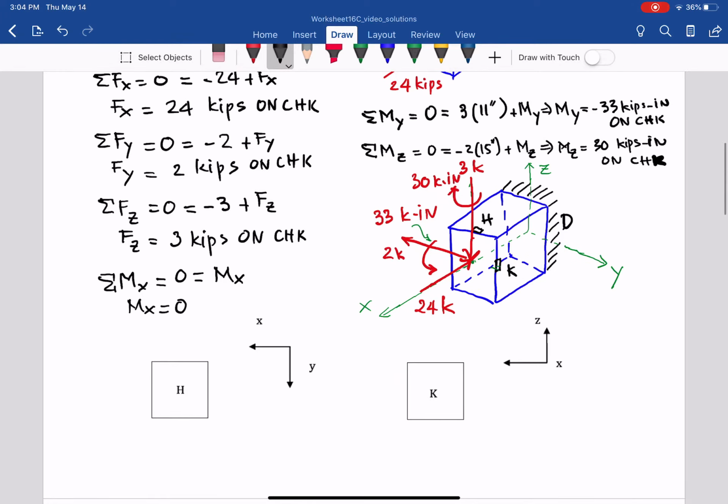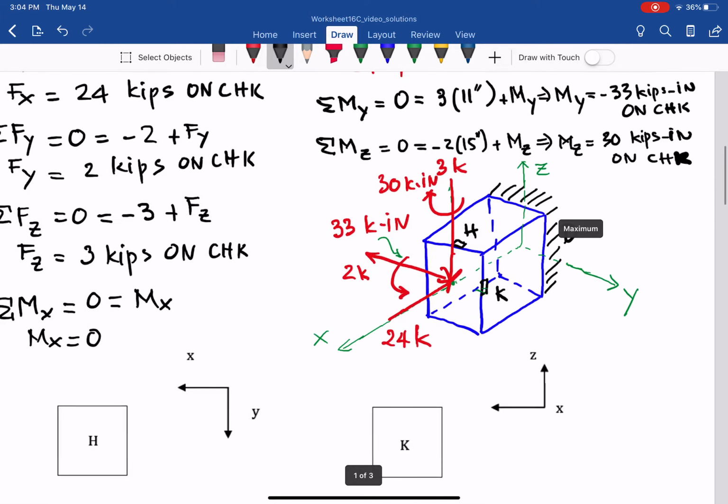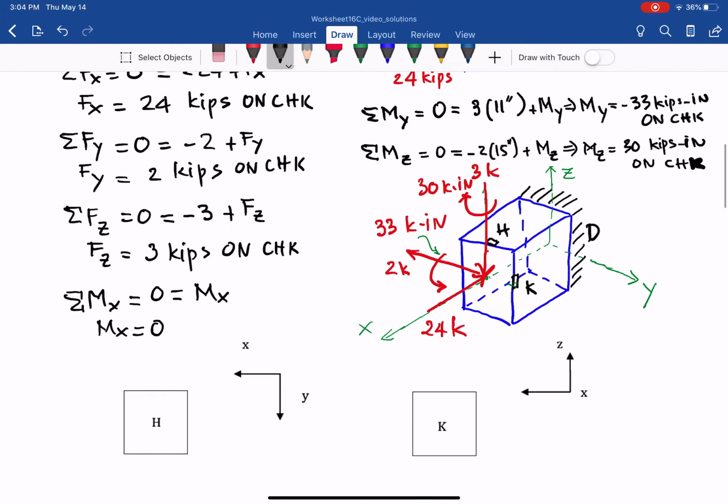So what I have here for forces and moments: we have Fx, Fy, Fz, we don't have Mx, so no torsion. We only have bending moment about the y axis, and bending moment about the z axis.